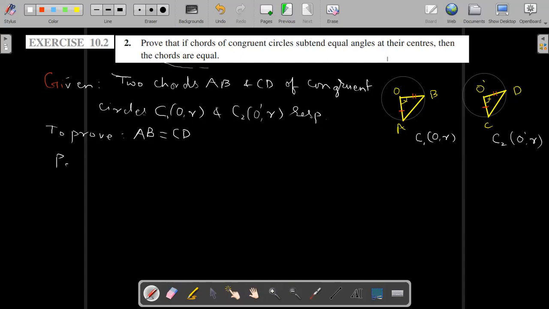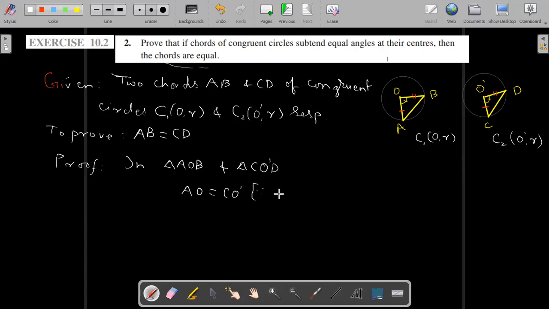So proof. In triangle AOB and triangle CO dash D, AO is equal to CO dash.